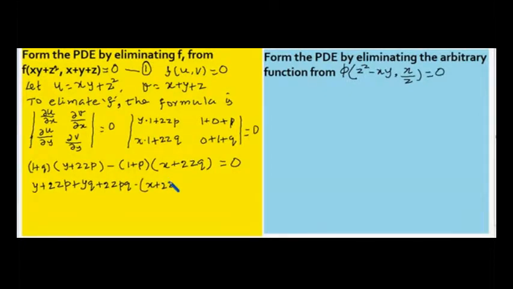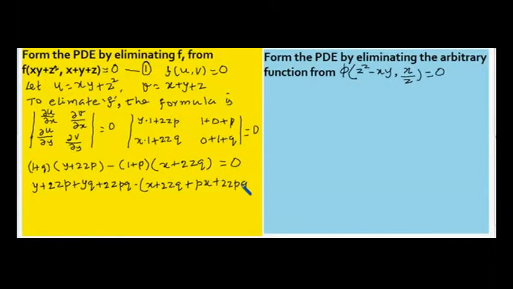So expanding the terms, 1 plus q into y plus 2zp, minus of 1 plus p into x plus 2zq.